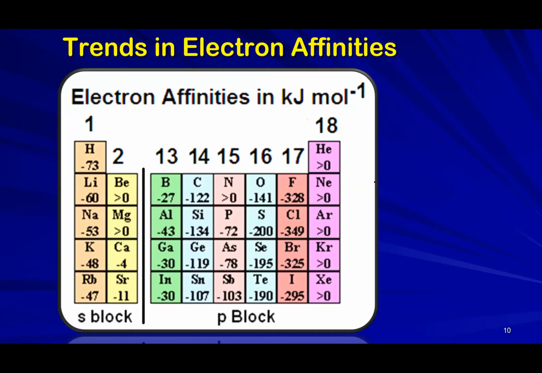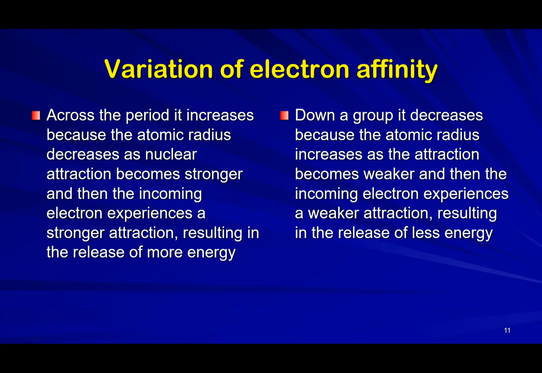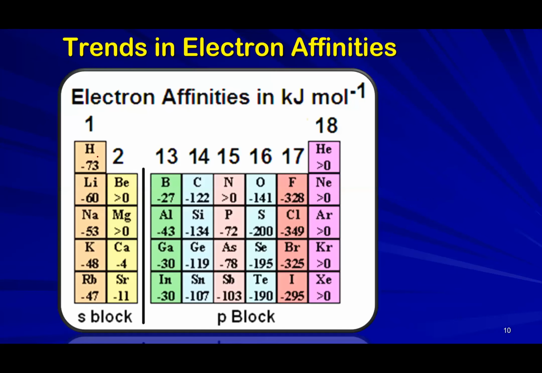Trends in electron affinities. Let's analyze what we have in the table. You can see with the exception of this, of course, and we will not consider this one because these are exceptions. You remember group 2 and group 5. So let us consider lithium and boron, carbon.